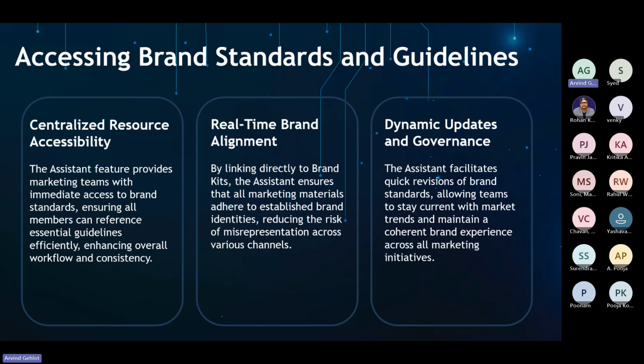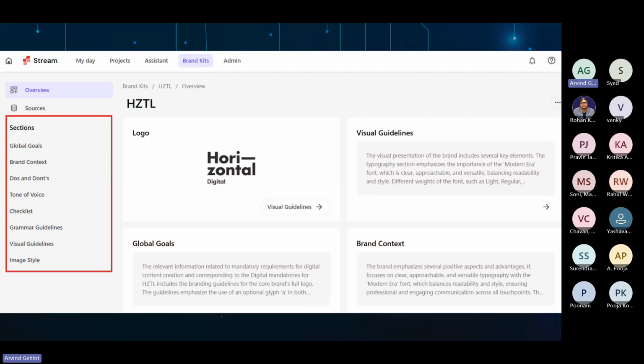So as I mentioned, once you upload the brand kit, you should see this kind of dashboard where you can see every section of the brand kit. Each brand kit lets you review and fine-tune the elements that define your brand, like global goals, brand context, do's and don'ts, tone of voice, checklist, grammar guidelines, visual guidelines, and image style.